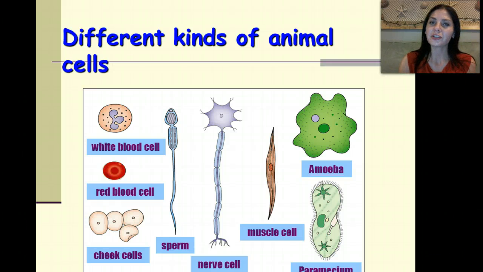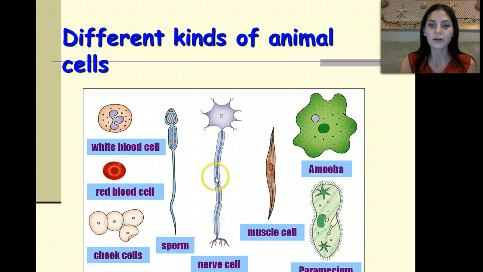So I want to make sure that you take notes over the different types of animal cells. These always appear on tests, especially when you're talking about structure and function. The ones that I see a lot of are the nerve cell, because in nerve cells, the structure aids in the function of the transmission of nerve impulses. We have this long myelinated sheath right here that connects to the head of the cell, or the dendrite.